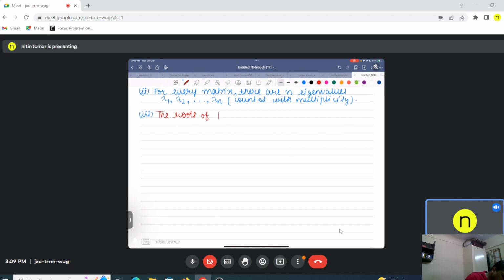The roots of polynomials are extremely sensitive to perturbations in the coefficients. Now we'll show this via one example.